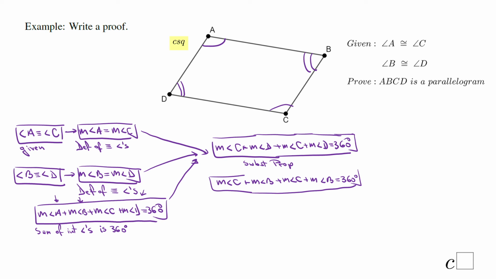So in the first one I have just angle C and D, and in the second one I have C and B. Both of them are nothing else than substitution property.